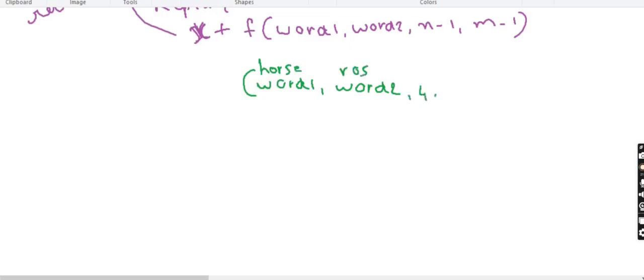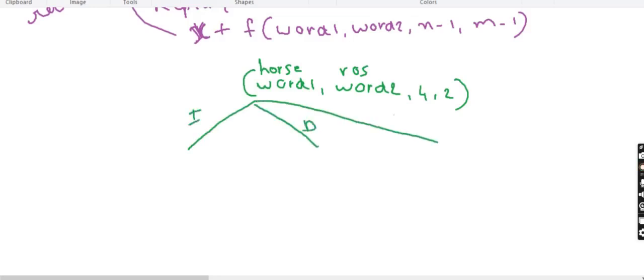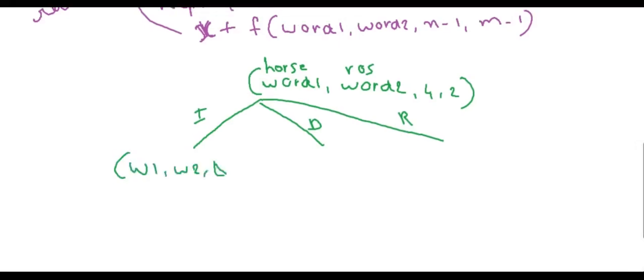Our n is 4, our m is 2, and then we are trying all the operations: insert operation, delete operation, replace operation, and again making a recursive call. So we have a recursive function with word1, word2, and when we are doing insert, I'm inserting a character in word1, so my n will stay the same.